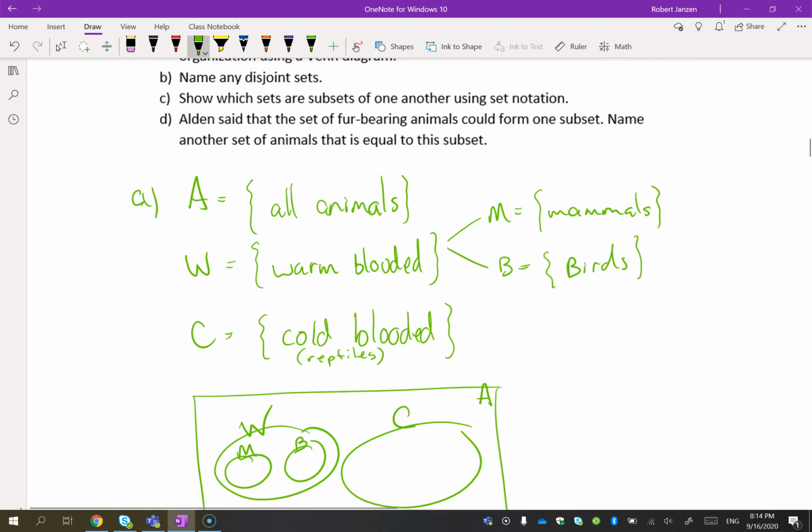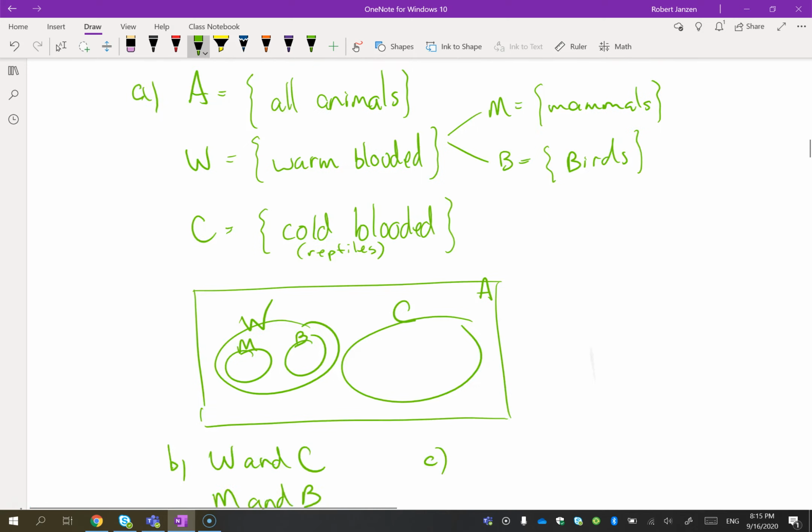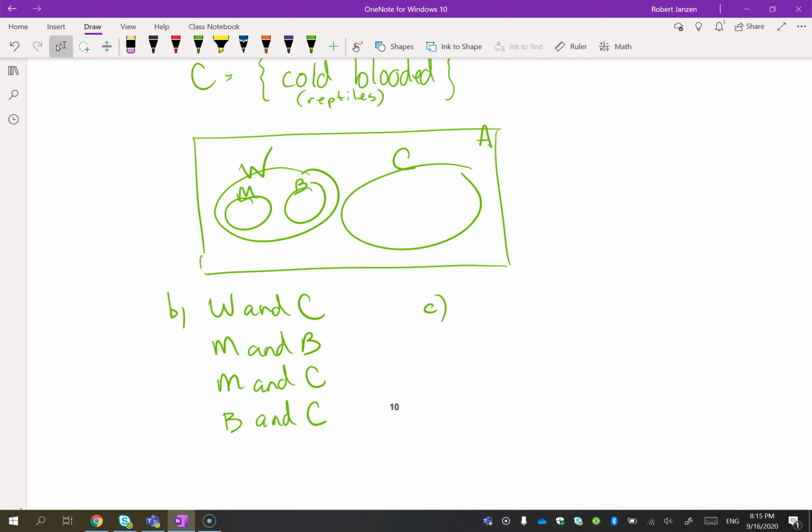Part C says, show which sets are subsets of one another by using set notation. Okay, this will be a little bit different. What are some subsets here?